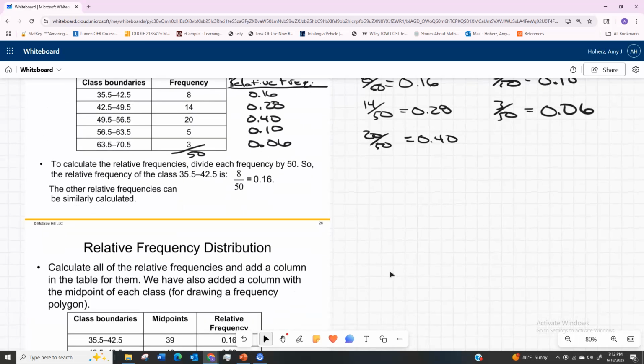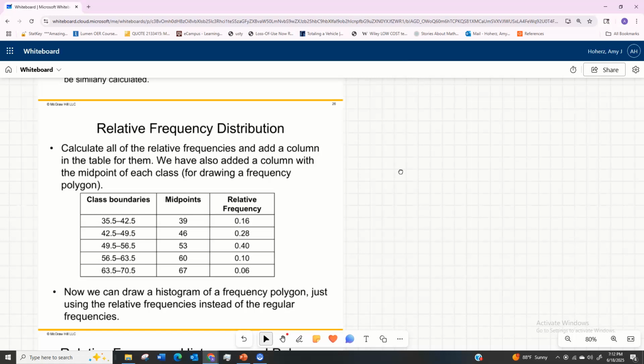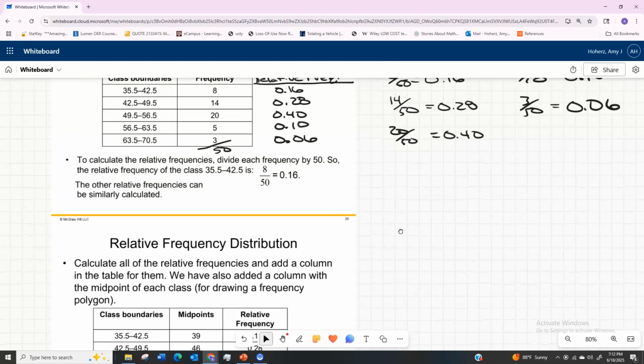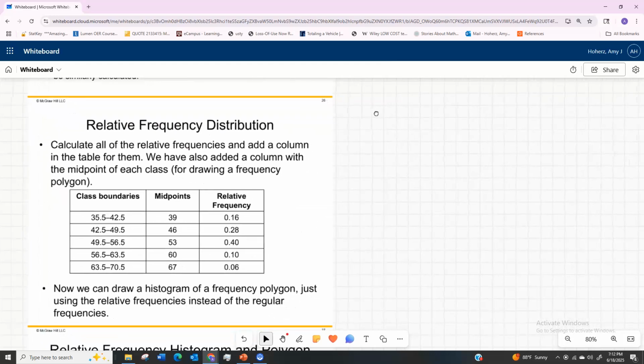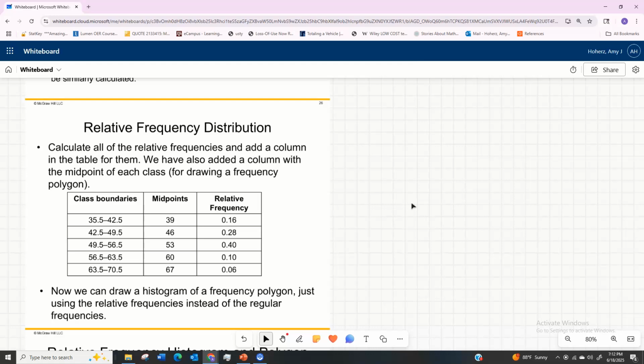So again, they have their nice table here. And in order to graph this, we're going to have the class boundaries for the histogram. So we need the class boundaries for the histogram and also for the ogive. We need these, and then we need the midpoints for the frequency polygon.